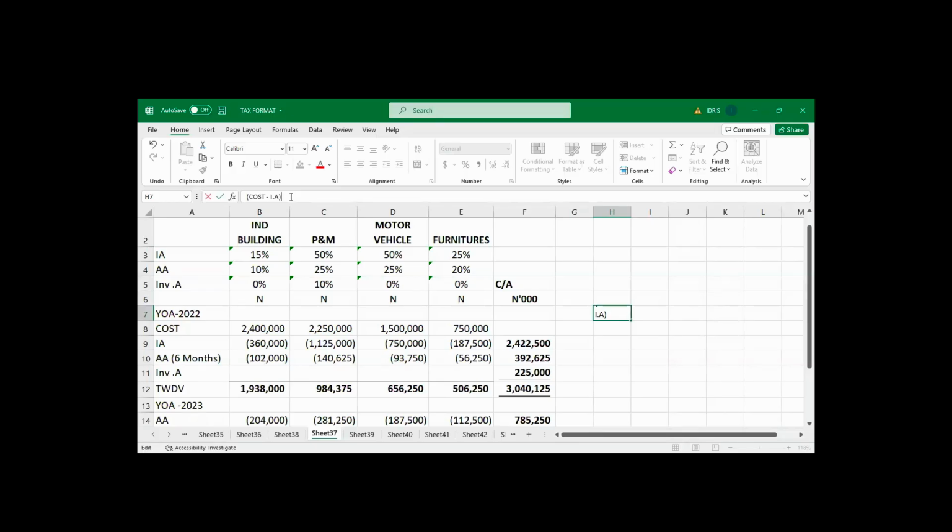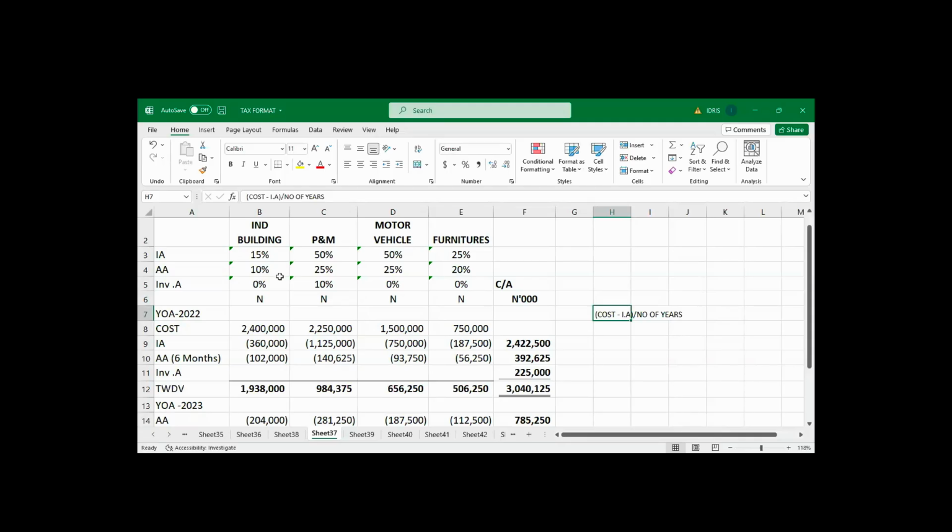You divide it by the number of years. So in case it's not up to 12 months, you now multiply it by the number of months over 12.